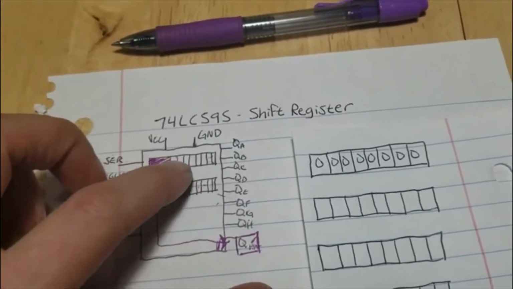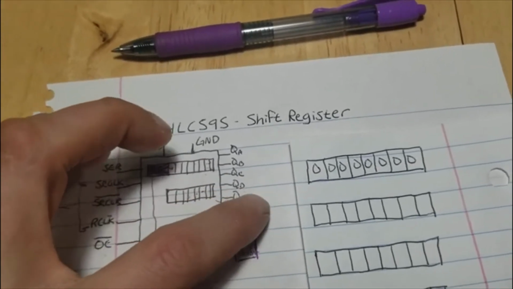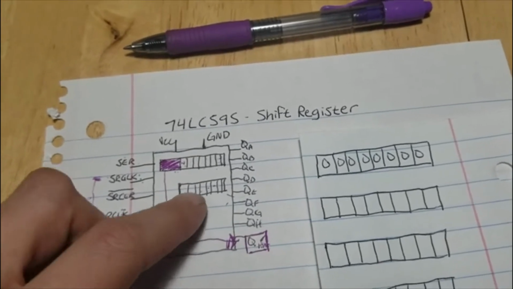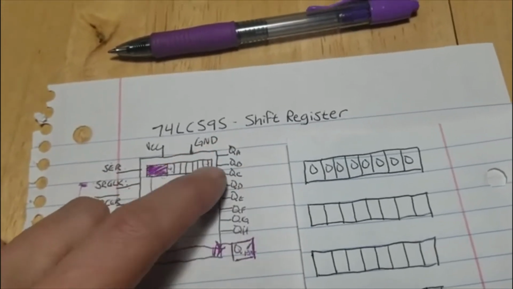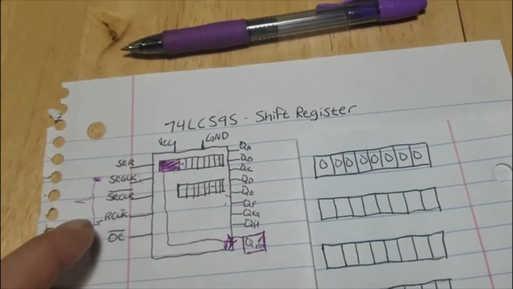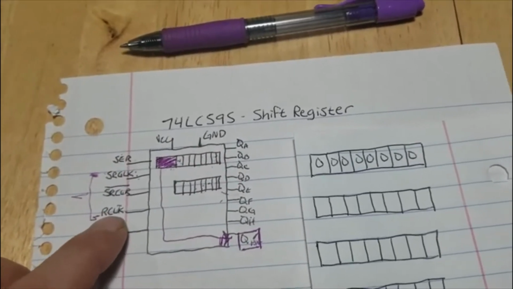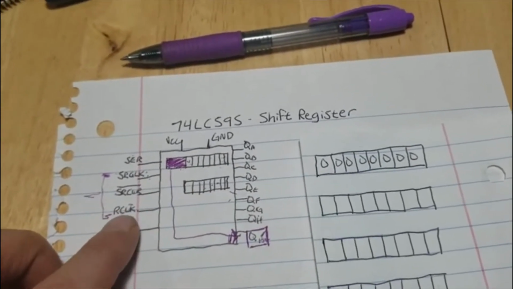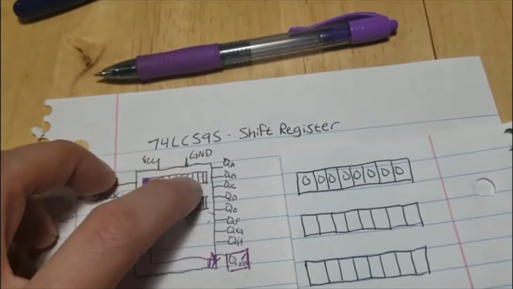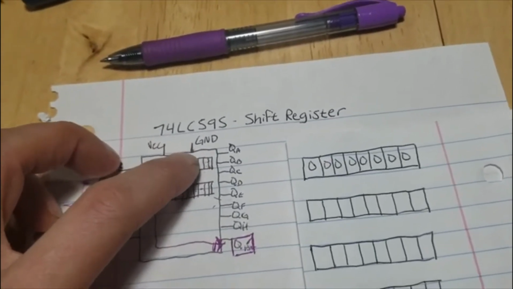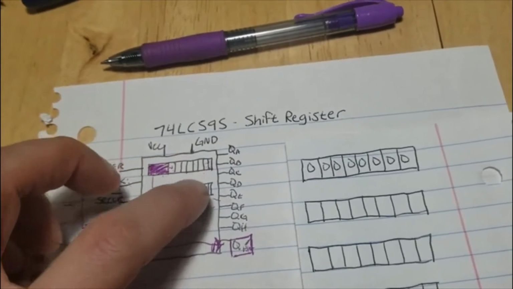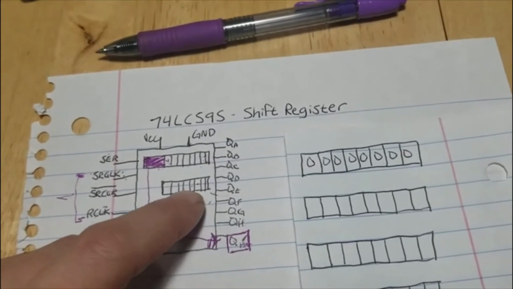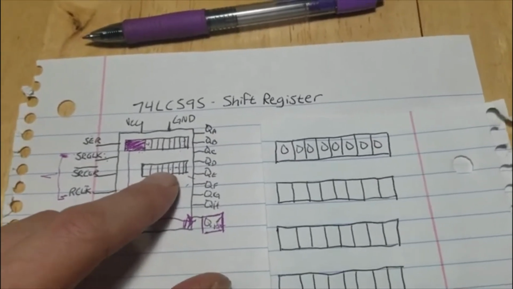Whatever you put into the input will not immediately go to the output. The output is a separate deal here. So the output will stay the same even if you're giving it new information until you use the register clock here, which copies everything that's up here from our input. It copies it all to our output memory, I guess you would say, which is useful.